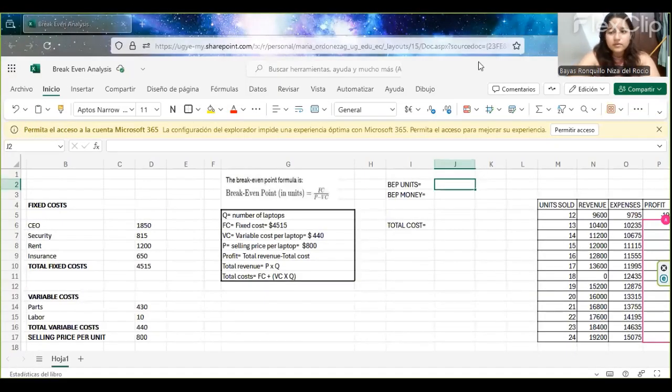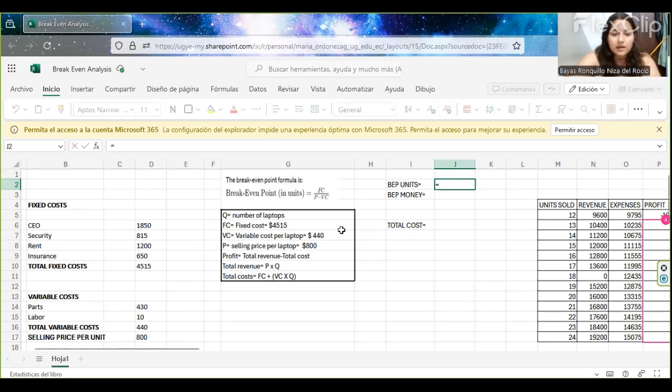Now we have to find the break-even point. So we just have to follow this formula in order to find the minimum number of units that we have to sell as a company in order not to make a profit, but also not to lose money. It equals FC, which means the total fixed cost, divided by, we open parentheses, P, which is the selling price per laptop, minus the variable cost per laptop.